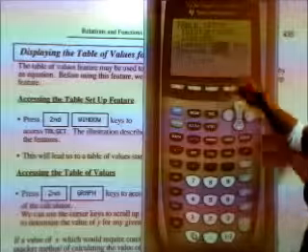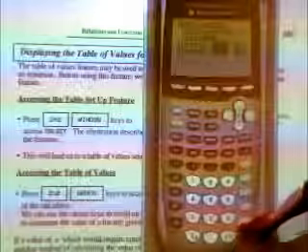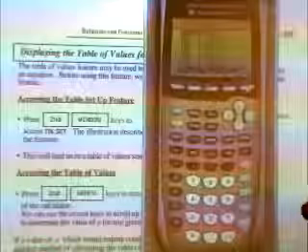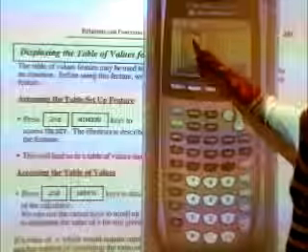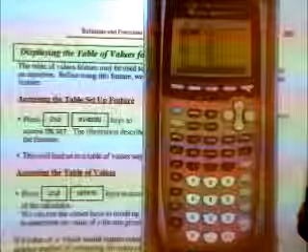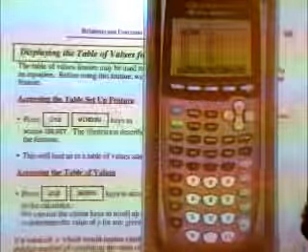And then the independent and the dependent with auto means it'll automatically calculate it. So if I did that and I went to my table now, my table's going up by 50s starting at 100. So that's one feature that the table can do.